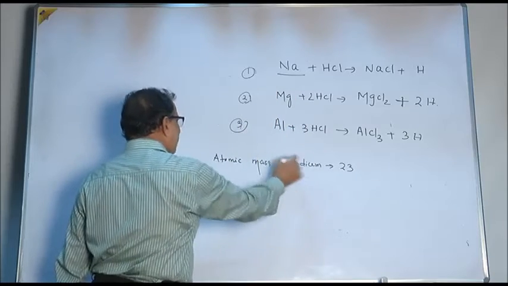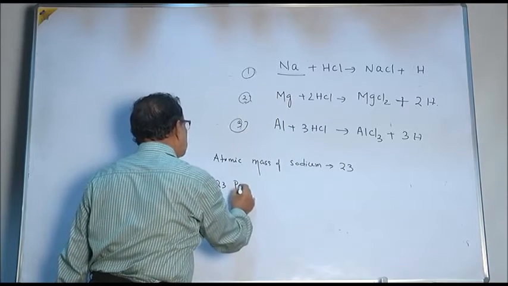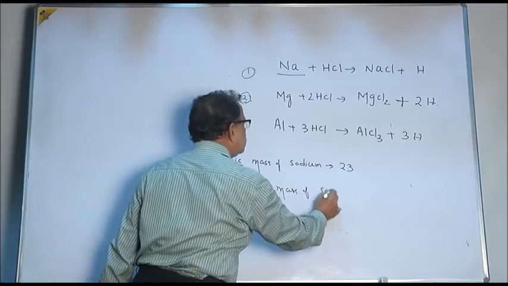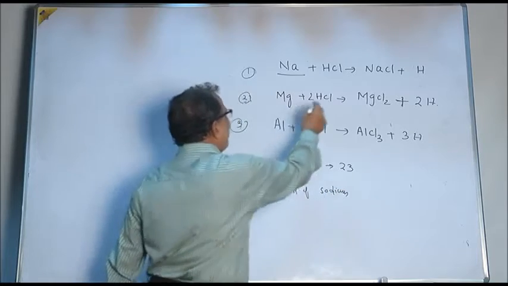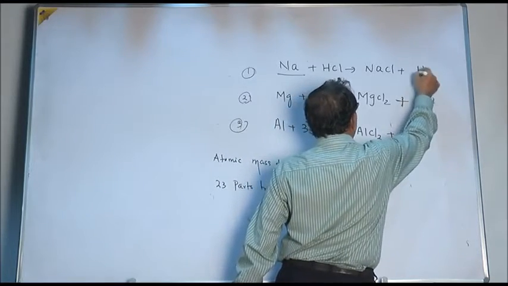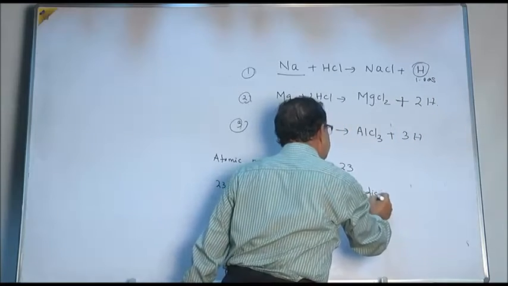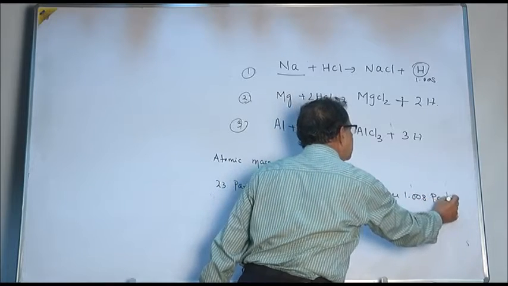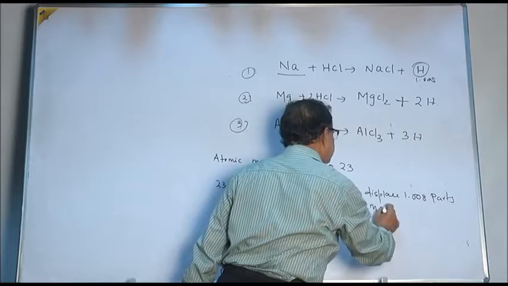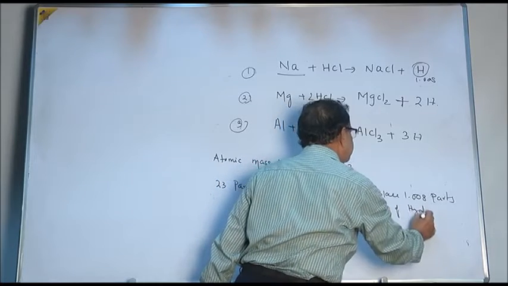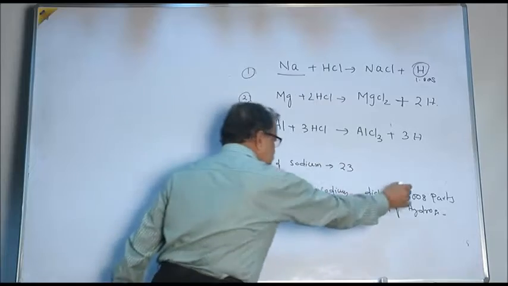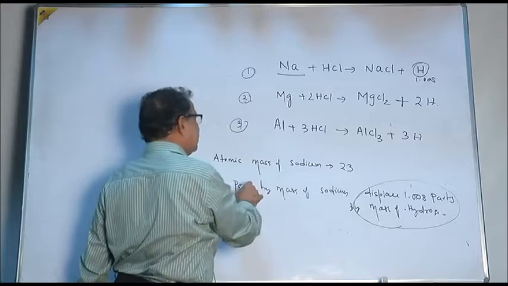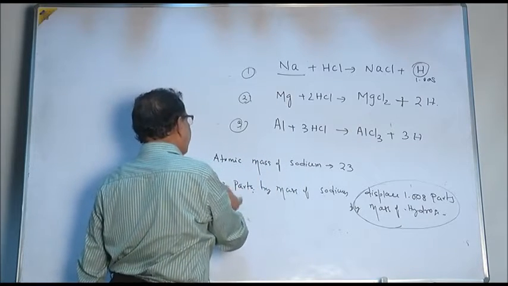So 23 parts by mass of sodium displace 1.008 parts by mass of hydrogen, as 1 H is displaced. Hence, the mass needed to displace 1.008 parts by mass of hydrogen is called the equivalent mass. So the equivalent mass is 23.